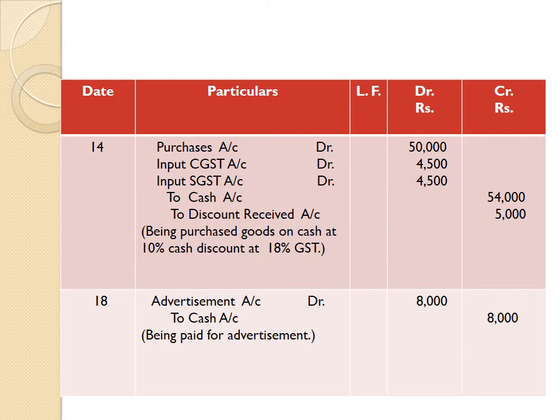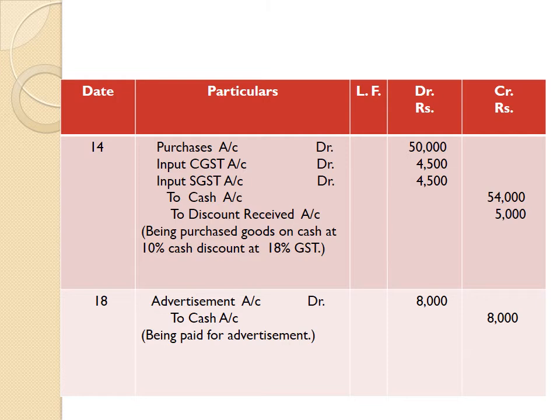Firstly, consider the amount of goods purchased, 50,000. The rate of GST is 18%. So 18% of rupees 50,000 came to rupees 9,000. This 9,000 is the amount of GST.